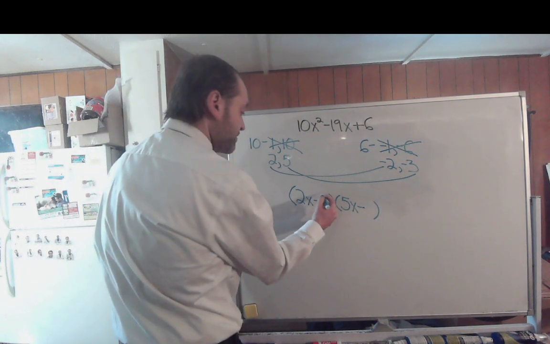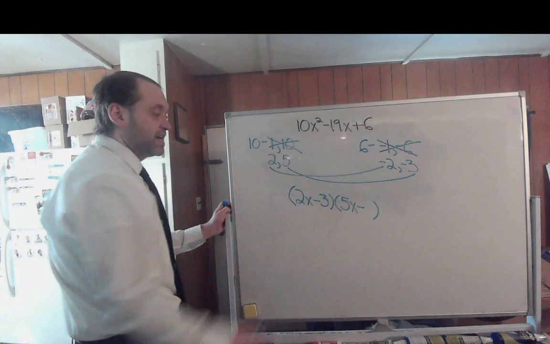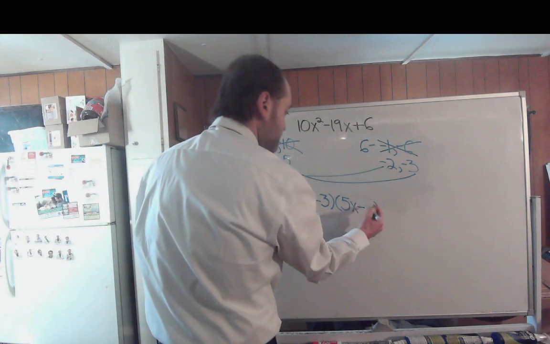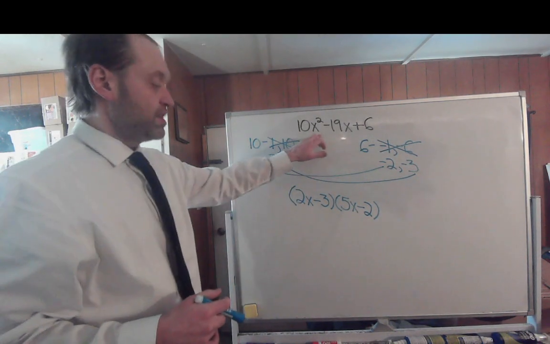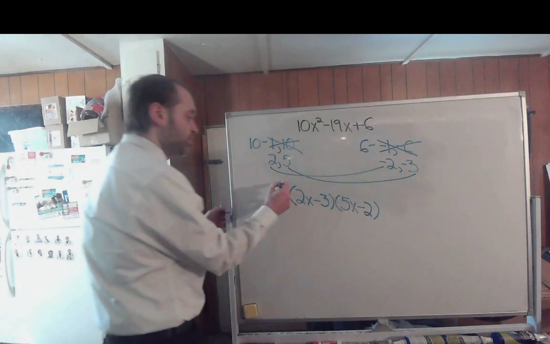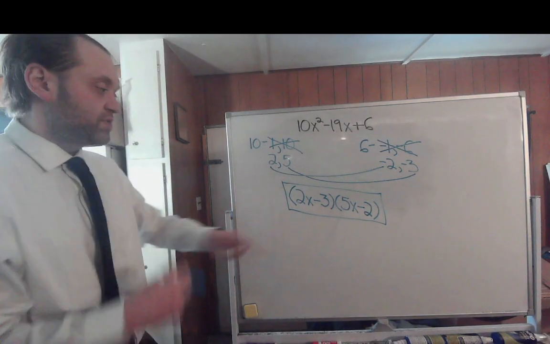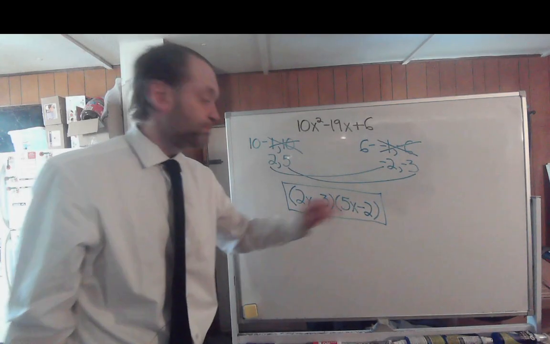So that -3 is going to go right here, so you can multiply -3 times 5x. That would give you -15x, which means your -2 would have to go right here. And if you FOIL this out, you would get the original expression. So the factorization here is going to be the quantity of 2x minus 3 times the quantity of 5x minus 2.